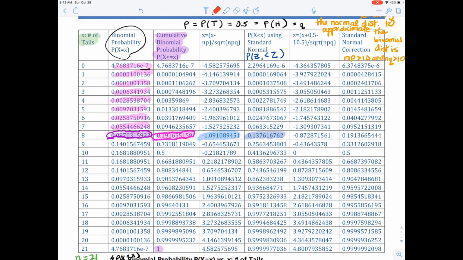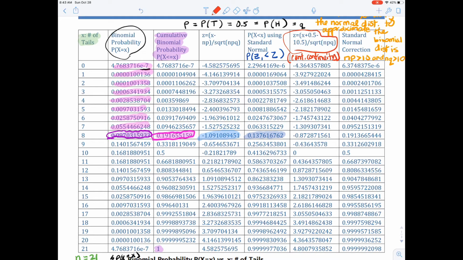Let's go ahead and look at this continuity correction. This is called a continuity correction, and that's for the z-score.